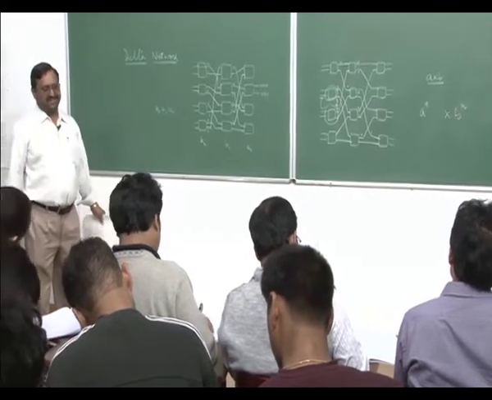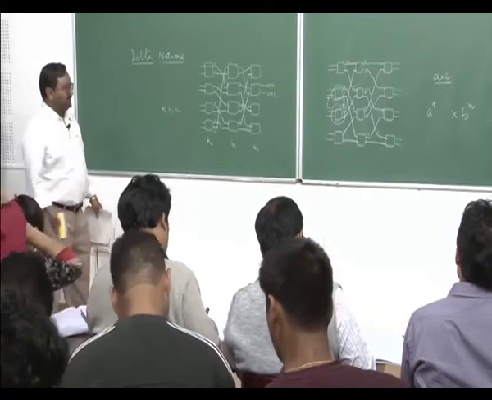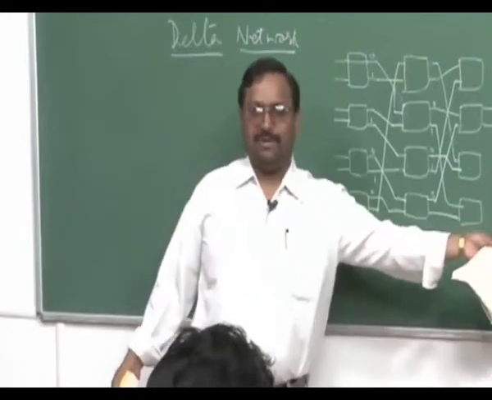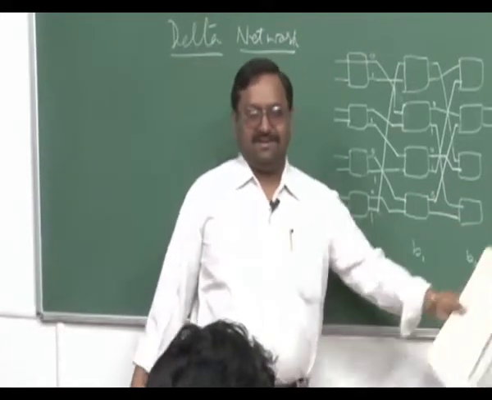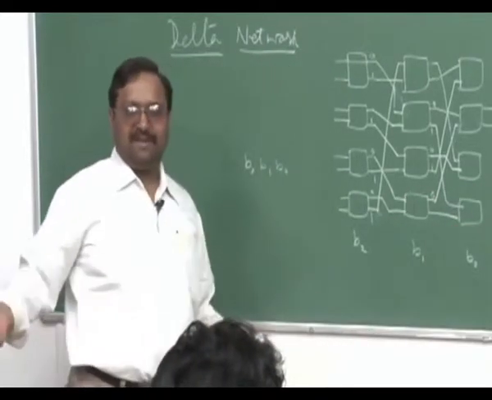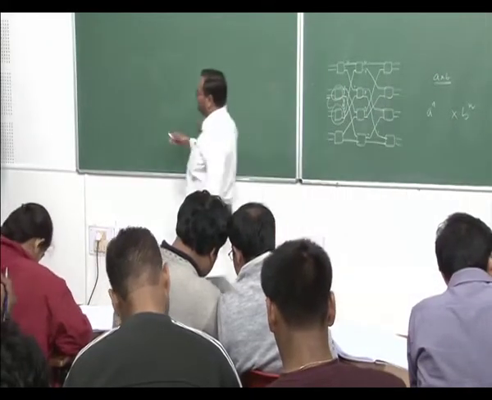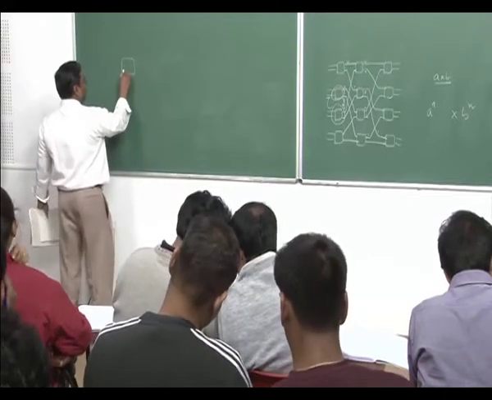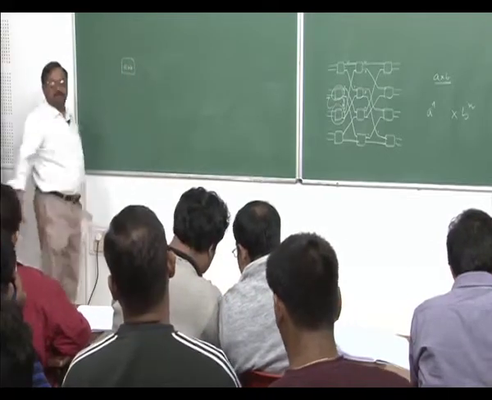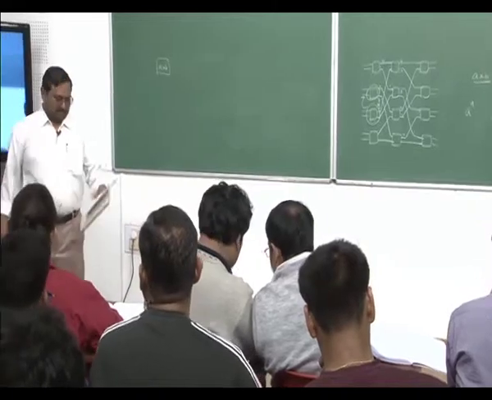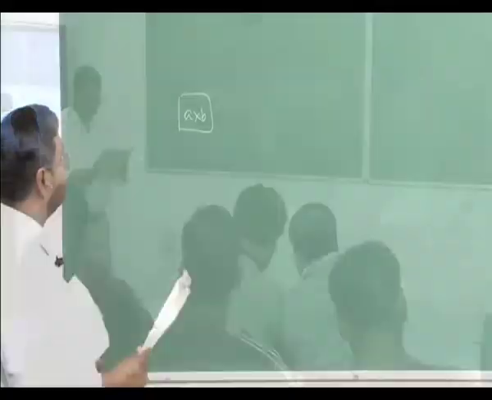We have to formally prove it. It is not evident. Here it is fine, for 2 by 2 it was very simple, but you cannot keep on drawing for a very large dimensional switch. So, the switch structure will be something like this now. I am coming to that.